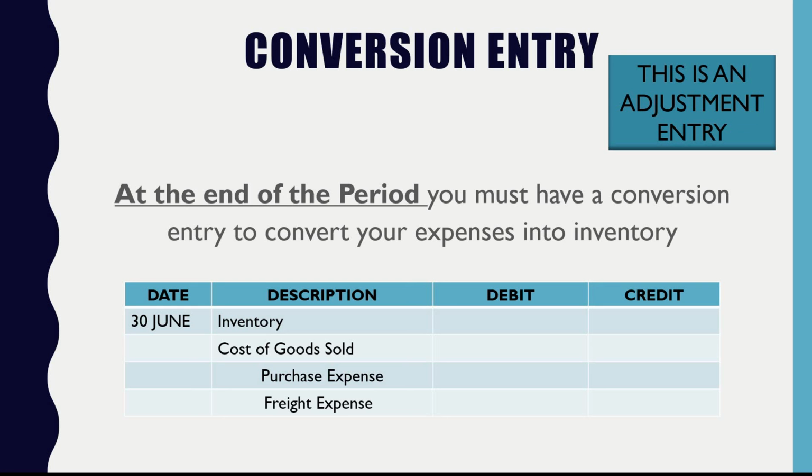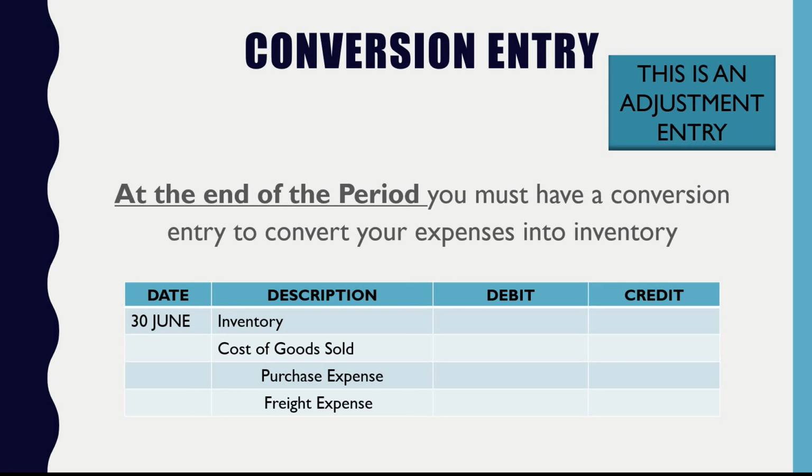If we purchase all of our inventory and place it into buckets, we have one bucket for purchase expense and one bucket for freight expense. As we go through the weeks and sell our items, you're slowly transferring the items in your purchase expense and everything from your freight expense into your cost of goods sold and your ending inventory.